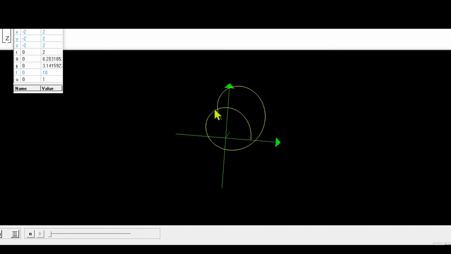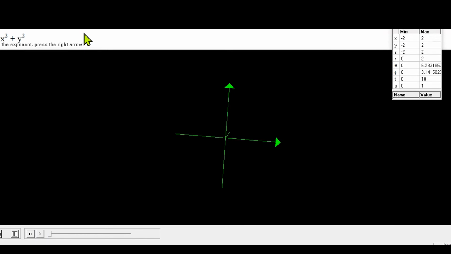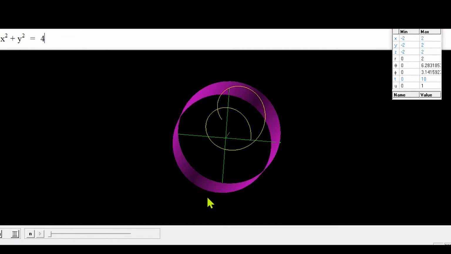So let's go back here. Okay, I'm going to graph the cylinder first. So here is x squared plus y squared equal to 4. So we have that cylinder.